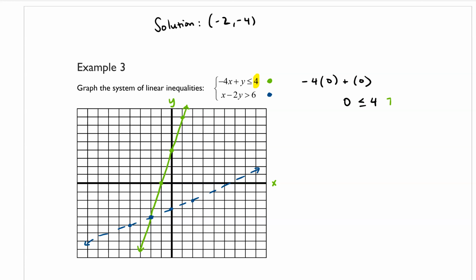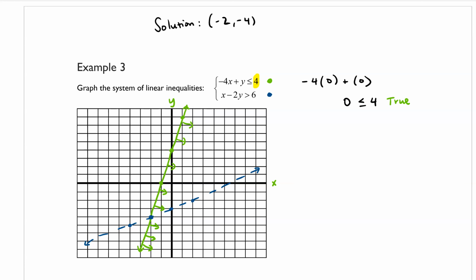This is a true statement. Now, what that means is if we're looking at the green line, the solid line, we're going to shade in this direction because our origin, this point right here, falls to the right-hand side of our line. So if we were to shade it, we would shade in this direction there.